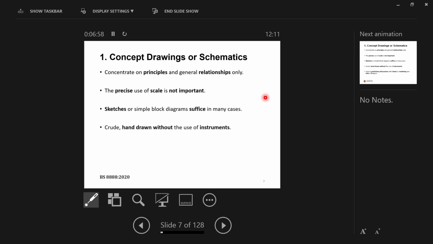It is hand-drawn without using any instruments. It's quite crude drawings at this stage. And the intention here is maybe to use these sketches or concept drawings for a preliminary discussion with clients, with marketing teams, sales colleagues, and so on.